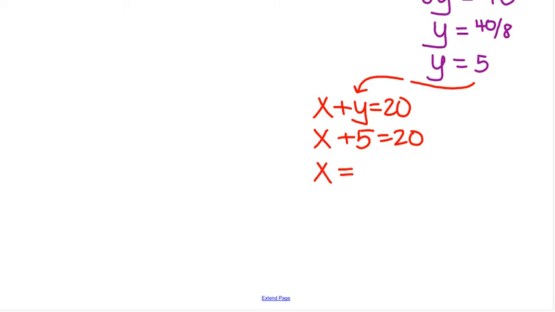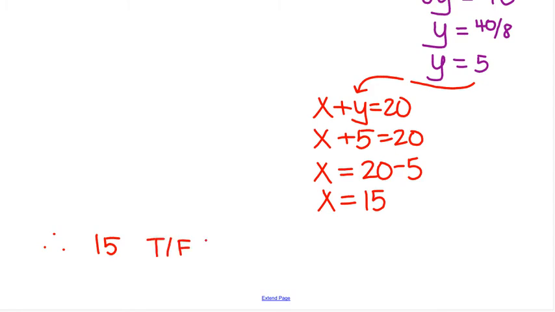So we'll subtract 5 from both sides. We get x equals 15. So therefore, 15 represents the number of true-false questions. So there are 15 true-false questions and 5 multiple choice questions.